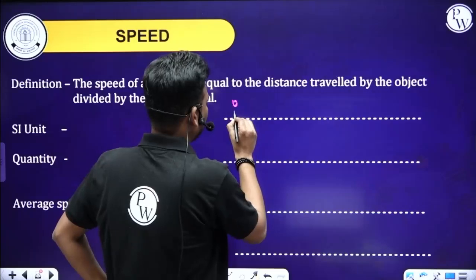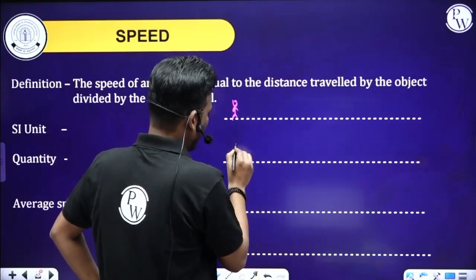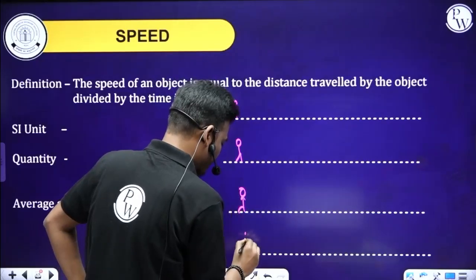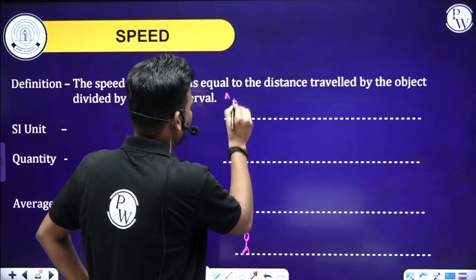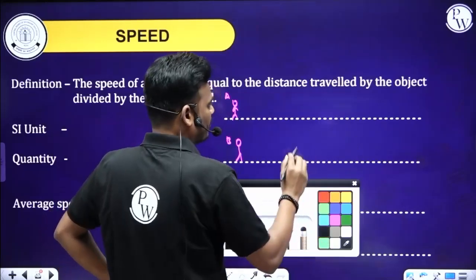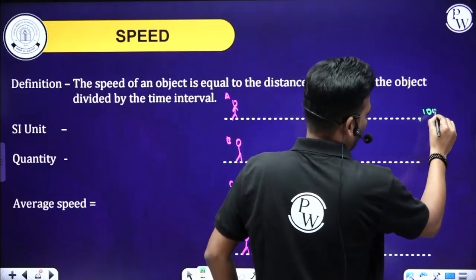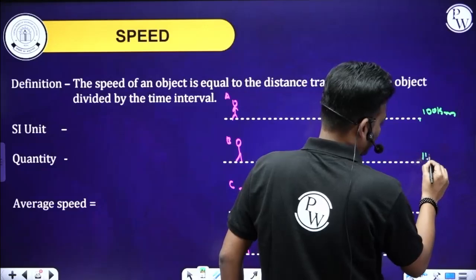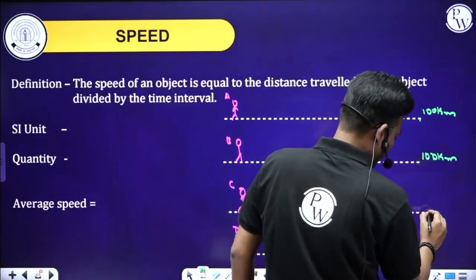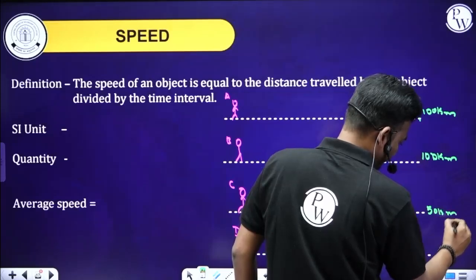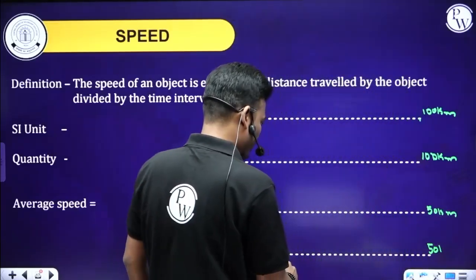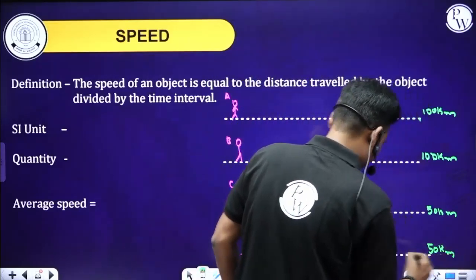So let's consider a body, and this is one more body, and one more body, and one more body. Let's consider A, B, C, and D. So total distance, let's say it is 100 kilometers, and it is also 100 kilometers, and this one is 50 kilometers, and this is also 50 kilometers.